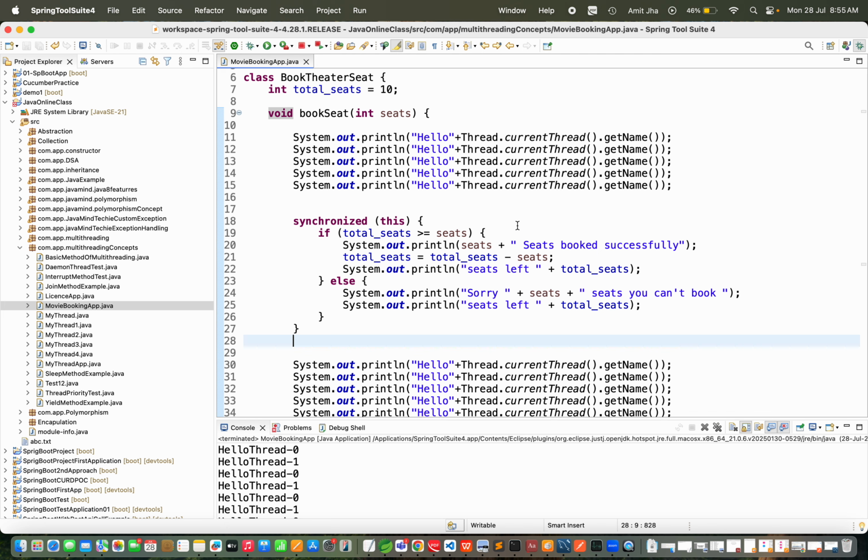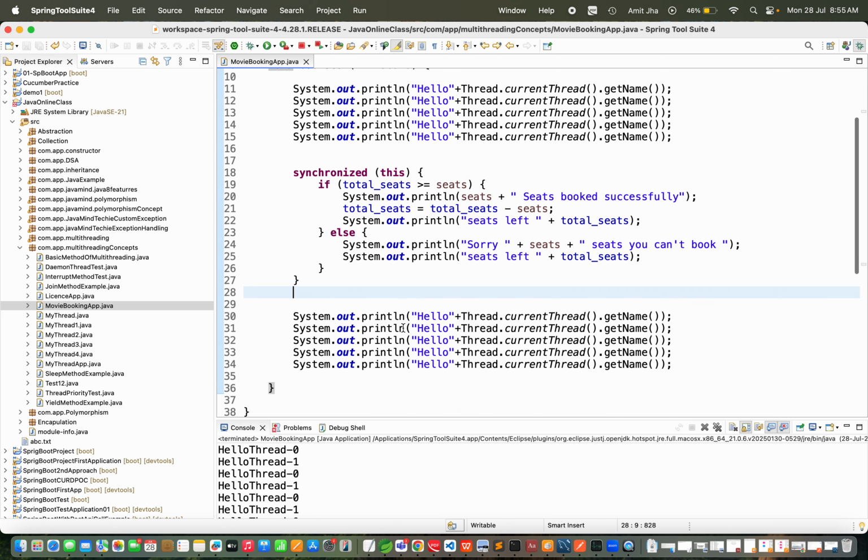You can also get one most important advantage: time requirement. If you use a synchronized block, it will take very little time, because you can operate on all the things in about 5 seconds.